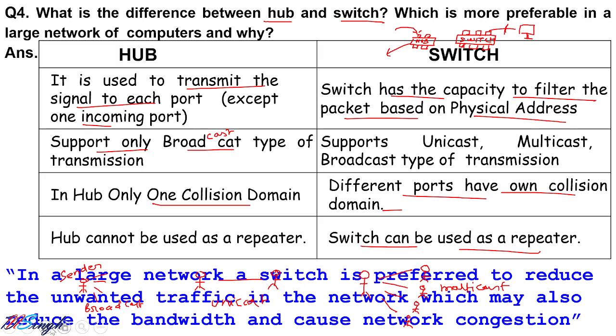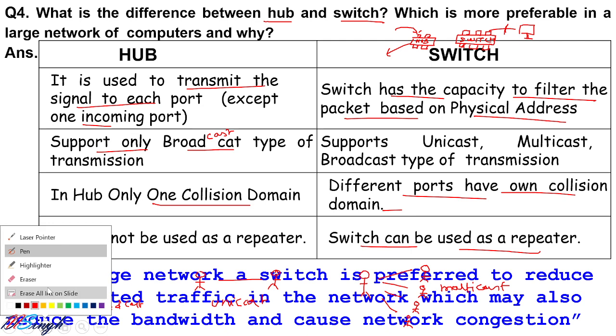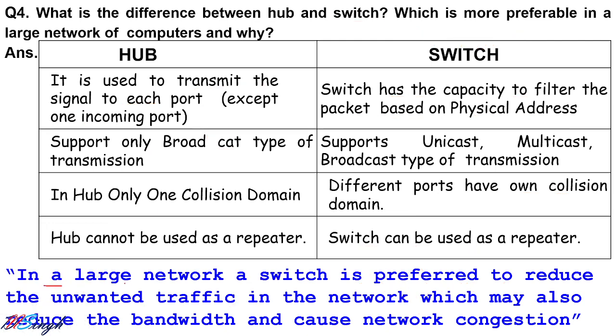Let me remove this annotation so you can read it properly. In a large network, a switch is preferred to reduce unwanted traffic in the network, which may otherwise reduce bandwidth and cause network congestion. Like if you have a 2-lane road and you allow more vehicles on it than its capacity, what is going to happen?